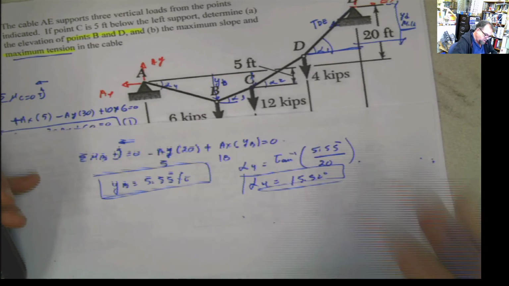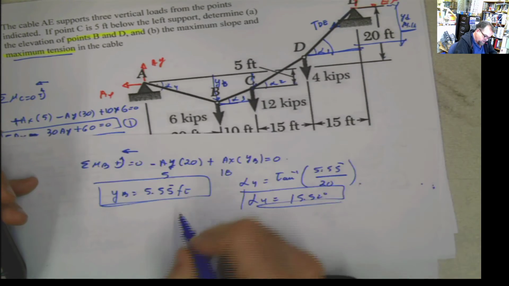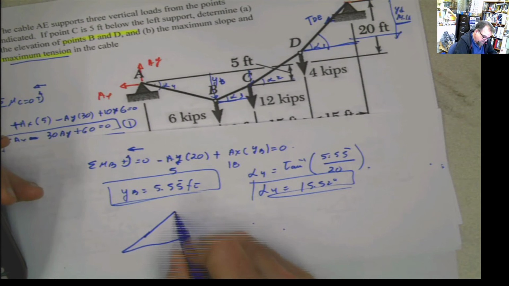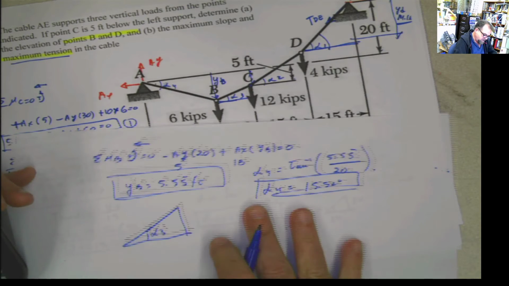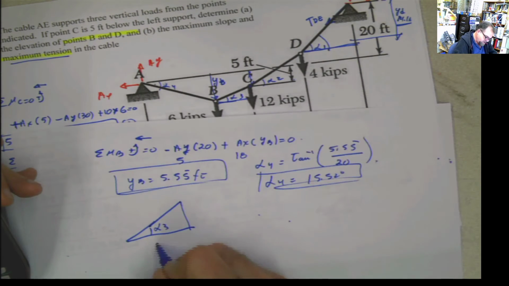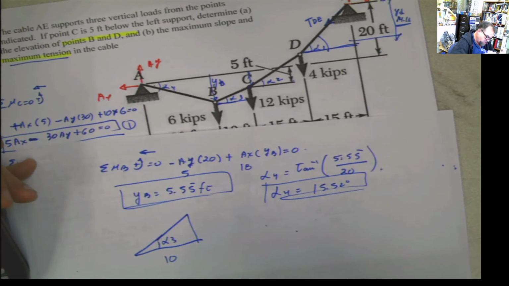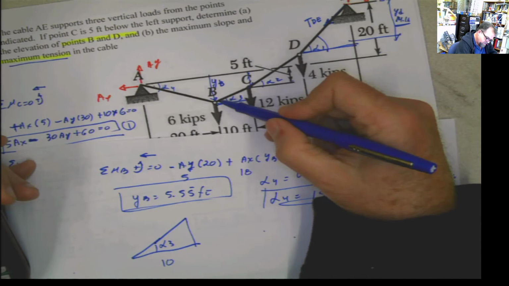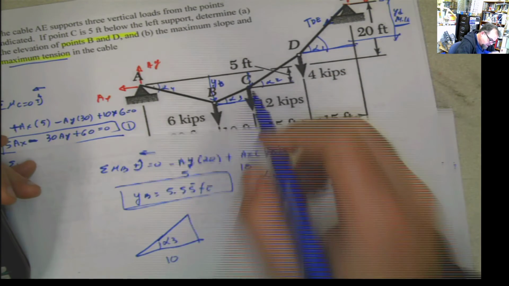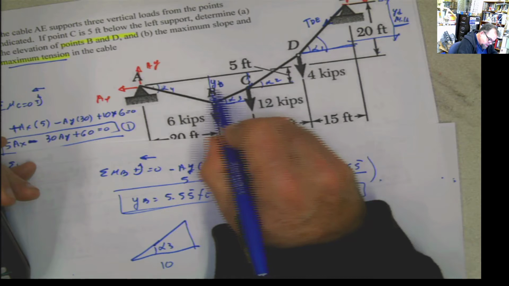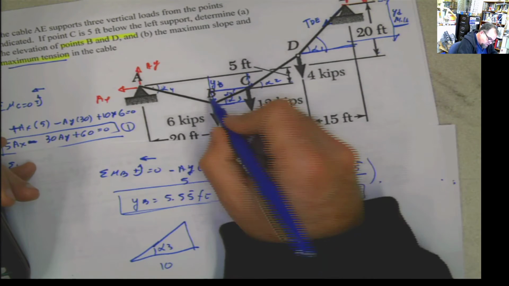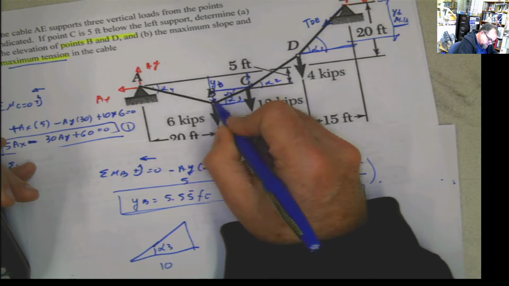Now we need to know this alpha 3. Okay, let's do that triangle over there. Alpha 3 is here. The horizontal distance, I know it because it's 10, and also I know YB. This angle is the same angle as this one, alpha 3, so I can also know this distance here.